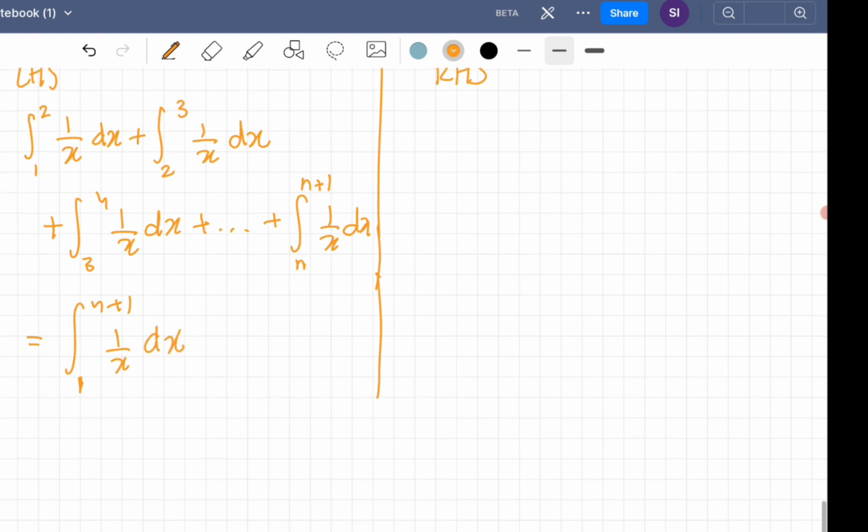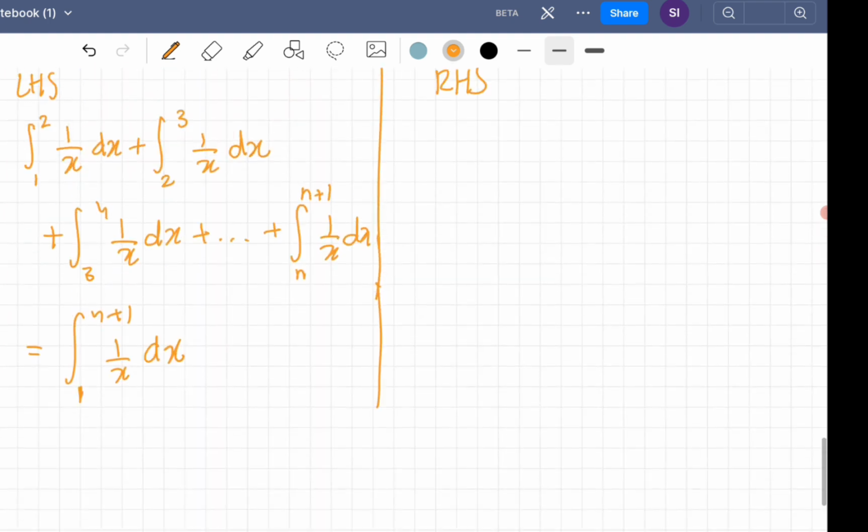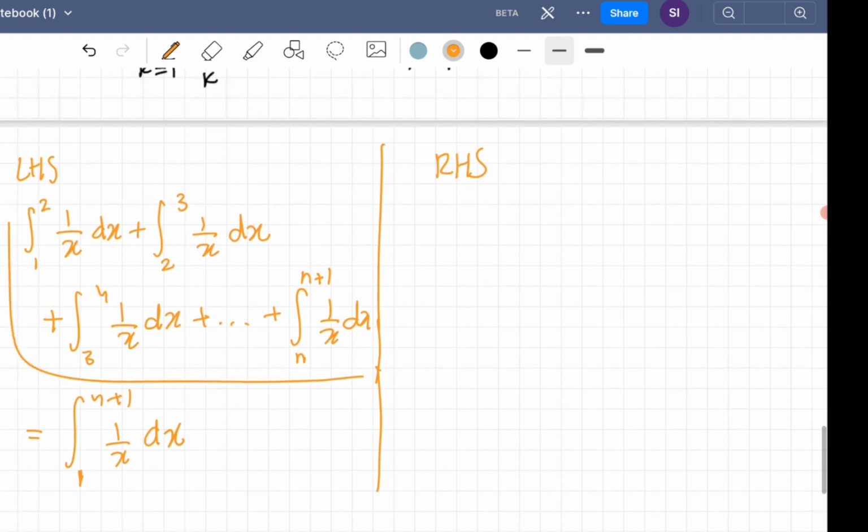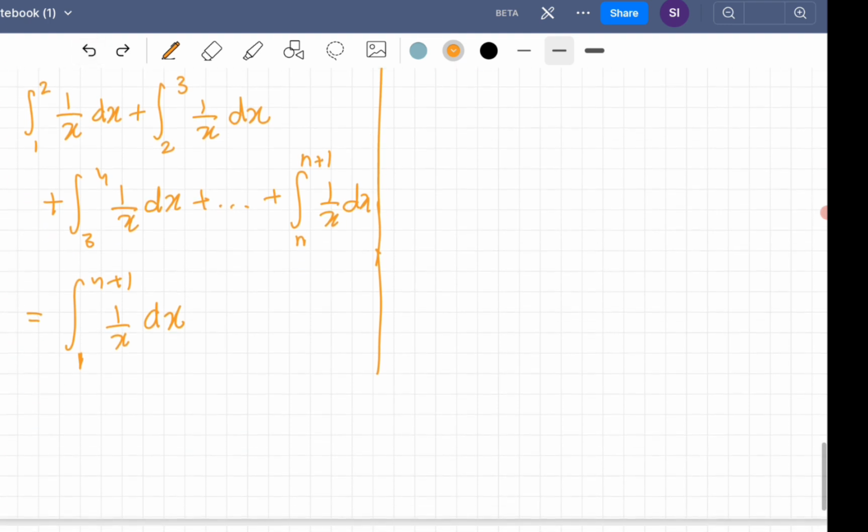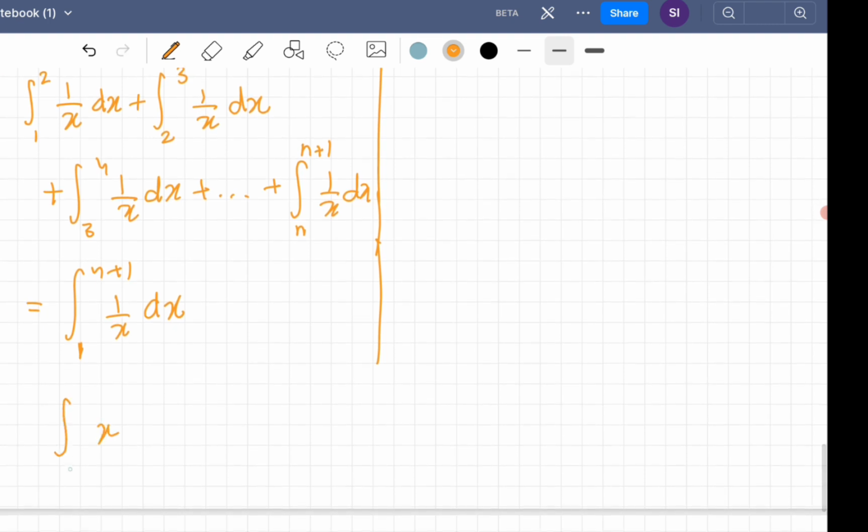And how did I get that? Well, I just condensed all of this to this, because it's basically the same thing. For example, if you have the integral of x from 1 to 7, this is basically equal to the integral from 1 to 2 of x dx plus the integral from 2 to 3 of x dx all the way to the integral from 6 to 7 of x dx.